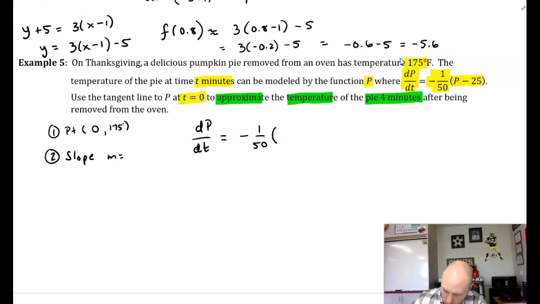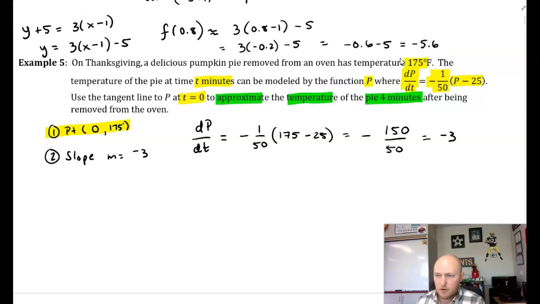So I'm going to plug in here 175. That is the point in question, right? I'm using this point here to evaluate the derivative. So 175 minus 25, and this gives us negative 150/50. So negative 3 is our slope.